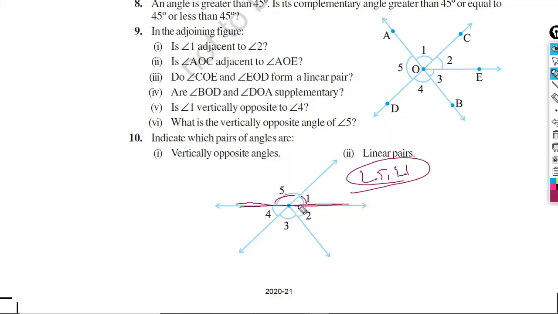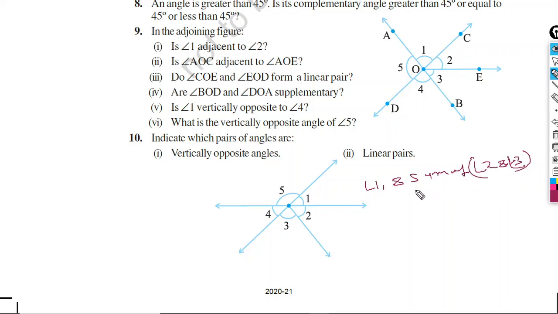Okay, you can also say angle 1 and the sum of angle 2 and angle 3, or angle 3 and the sum of angle 2 and 1. If you take this angle as one angle, then angle 3 and this angle will be a linear pair, as this is a line. So we will write it like this, angle 1 and the sum of angle 2 and angle 3 is a linear pair.